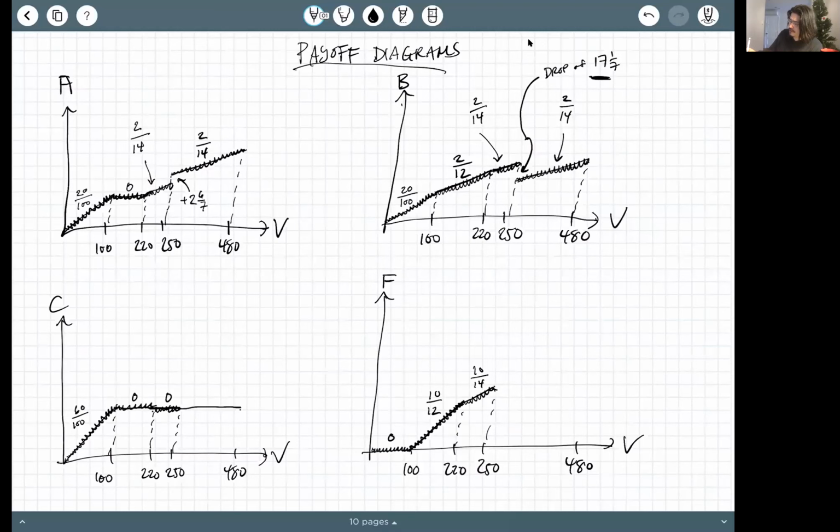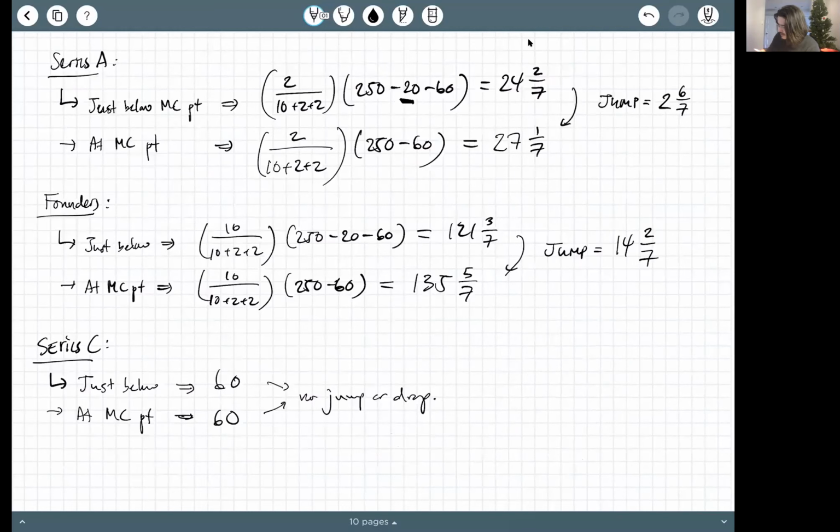Series C, because they own no shares, aren't affected by mandatory conversion. They're still getting their 60 million. And then founders still have their slope of 10 out of 14, but they get a more notable jump. Their jump was 14 2/7 million.